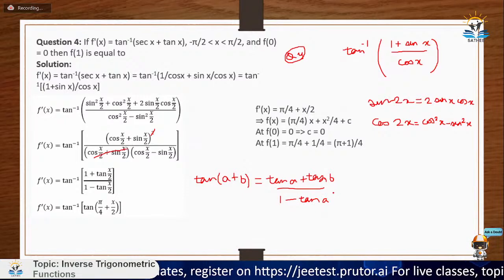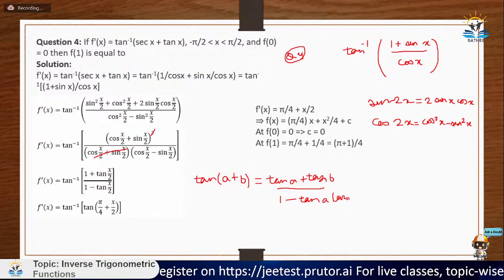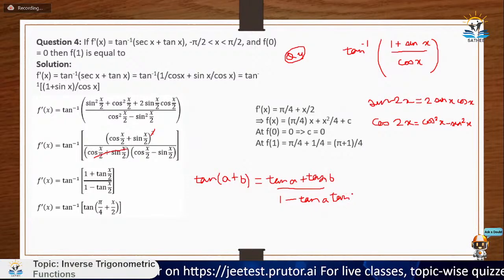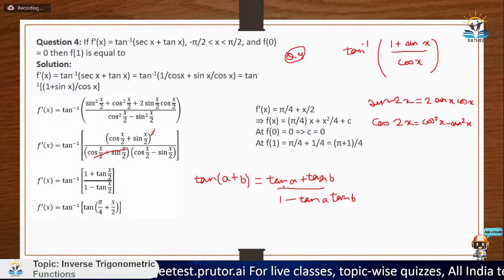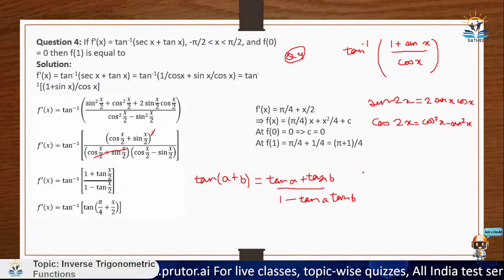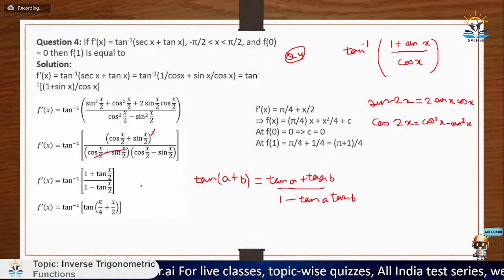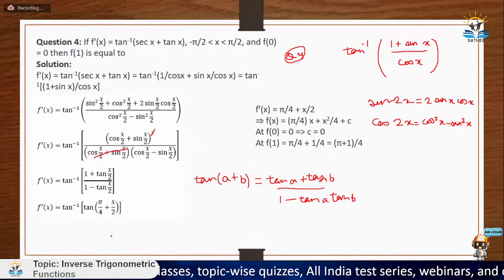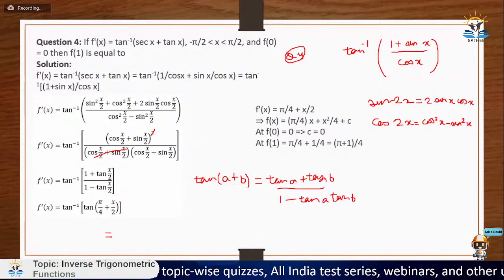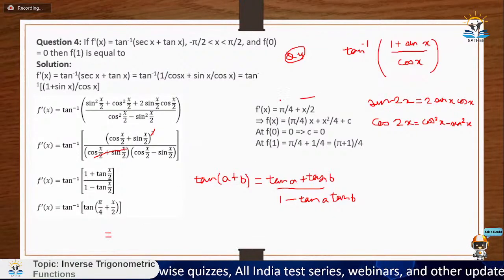So take a as pi by 4 and b as x by 2, and you get tan pi by 4, which is 1. So 1 plus tan x by 2 upon 1 minus tan x by 2. That's what is written here. So here tan and tan inverse cancel out, and your final answer would be pi by 4 plus x by 2, which is written here.